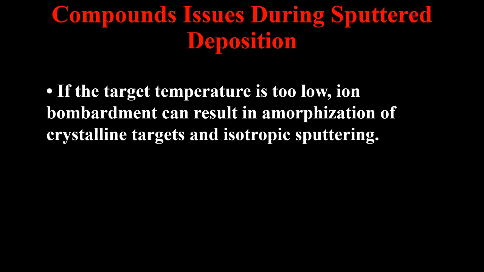So if the target temperature is too low, okay, if the source material temperature is too low, the ion bombardment can result in amorphization of the crystal target. The temperature range is highly important for compounds during the sputtering process, because the elements of the compound have different vapor pressures, so it is good to heat the source material in a certain range and then evaporate it.